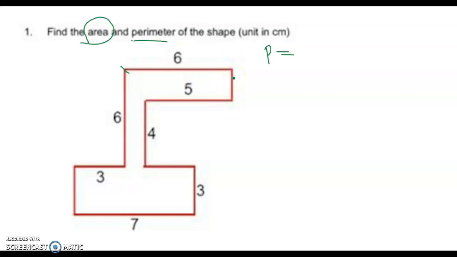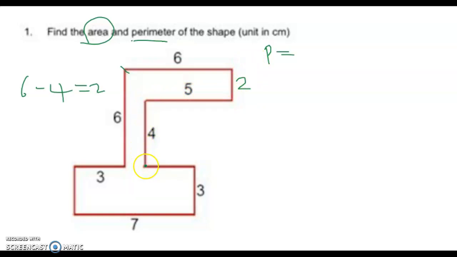Look how I use it. This is 6, and the 6 is from here to here. So if I subtract this 4, 6 minus 4, I will get 2, right? So actually 6 minus 4 is 2. Okay, now I found one side, and then let's move this way.